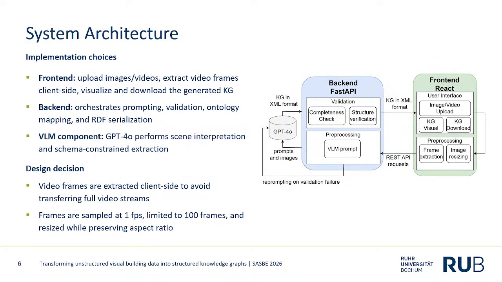So talking about the system architecture, we have a front end and a back end. The front end is built with React. We have certain parts like the user interface where the user is able to upload an image or the video. Also here, the video is downsampled, and we also sample the videos at 1 frame per second and limited it to 100 frames.